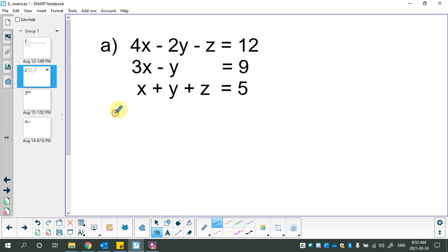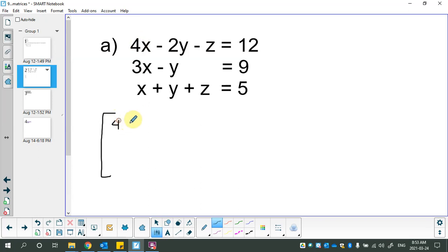So what you do is you put this big square bracket. It's got to be big enough to accommodate 3 lines in this case, 3 lines of work, or 4 if there's 4 statements, or 5 if there's 5 statements, or 2 if there's 2 statements. And then you just take the digits, but they have to be in order, so the coefficients.